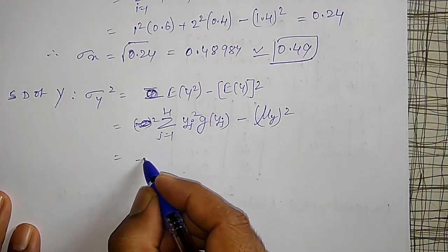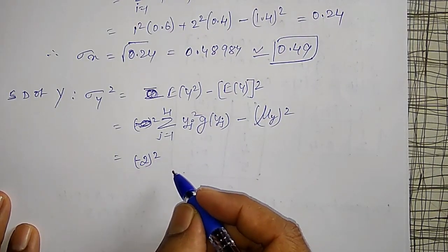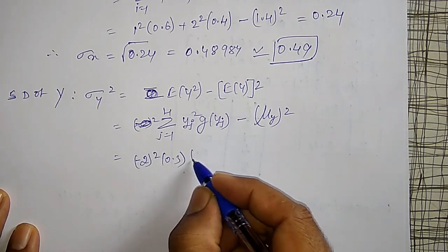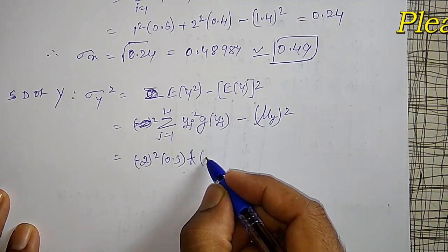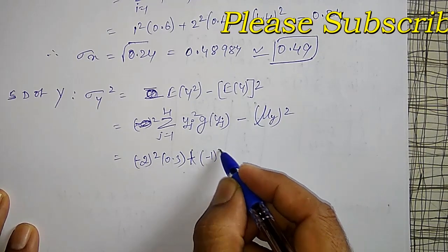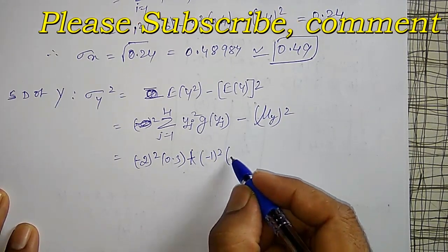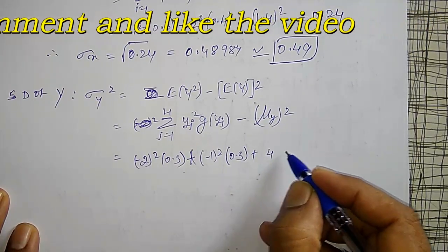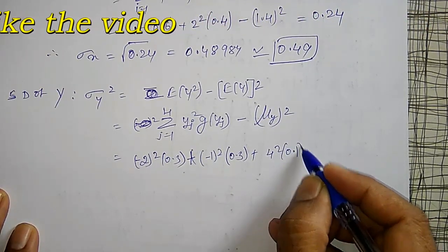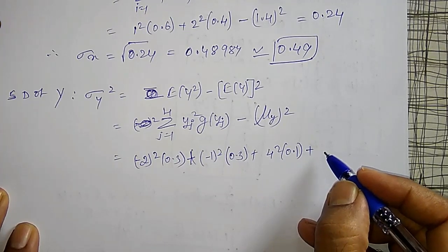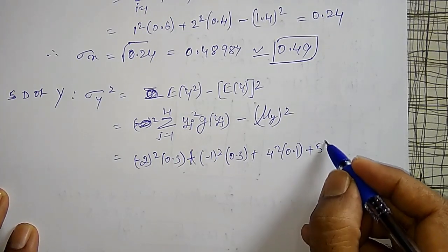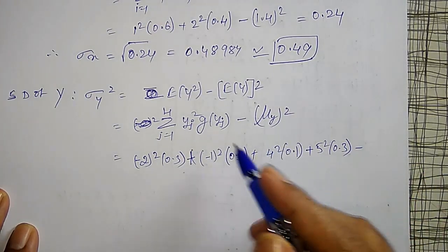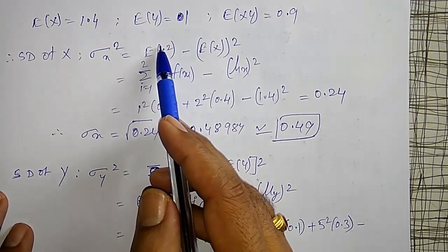Therefore it is minus 2 the whole square into corresponding g of yj 0.3, plus minus 1 the whole square into 0.3, plus 4 square into 0.1, plus 5 square into 0.3, minus mu y the whole square.